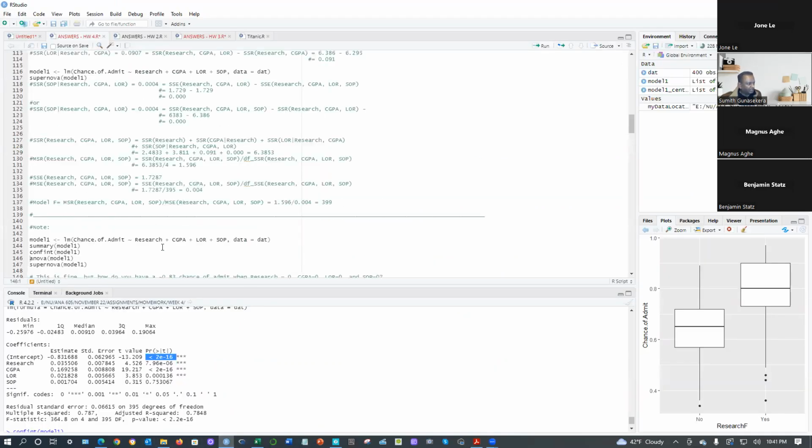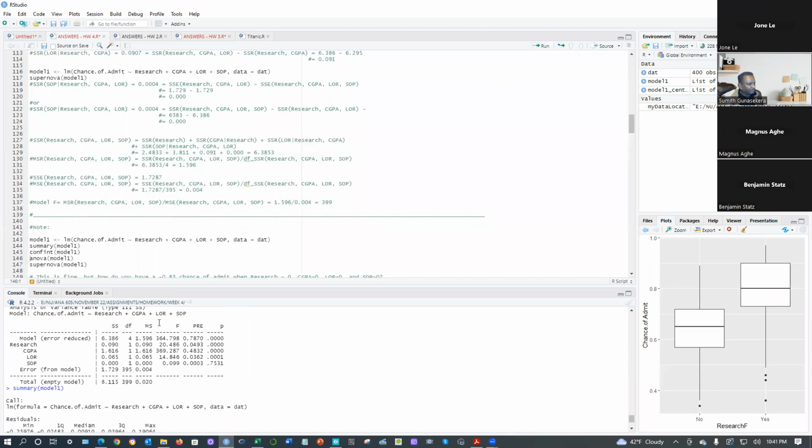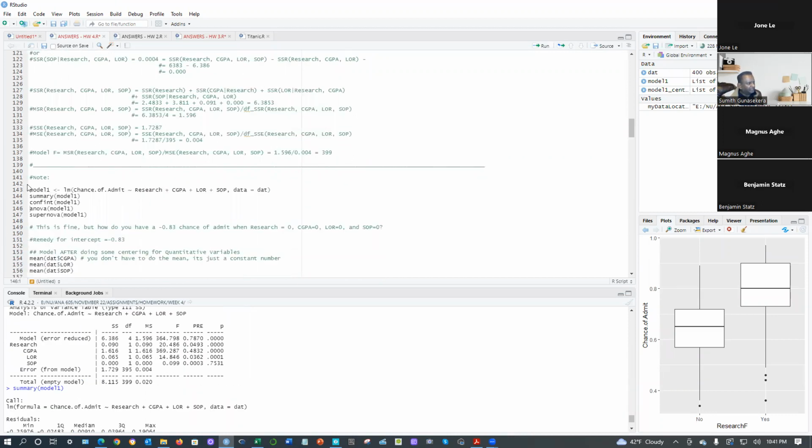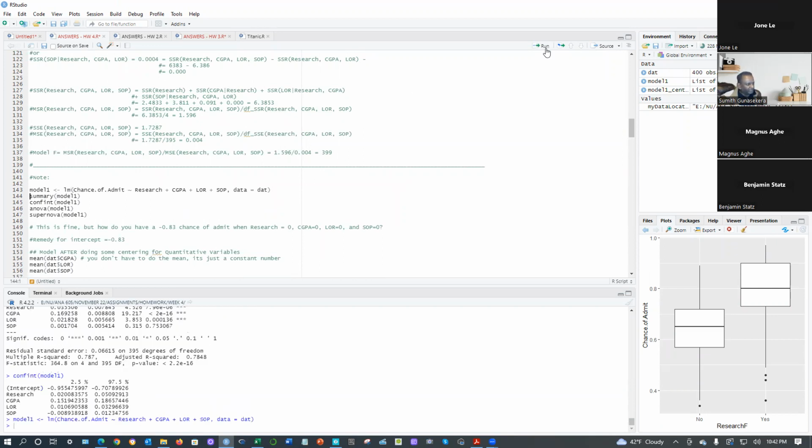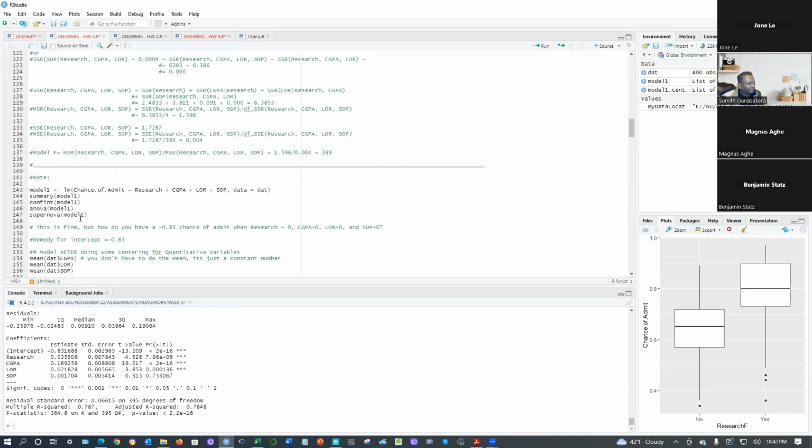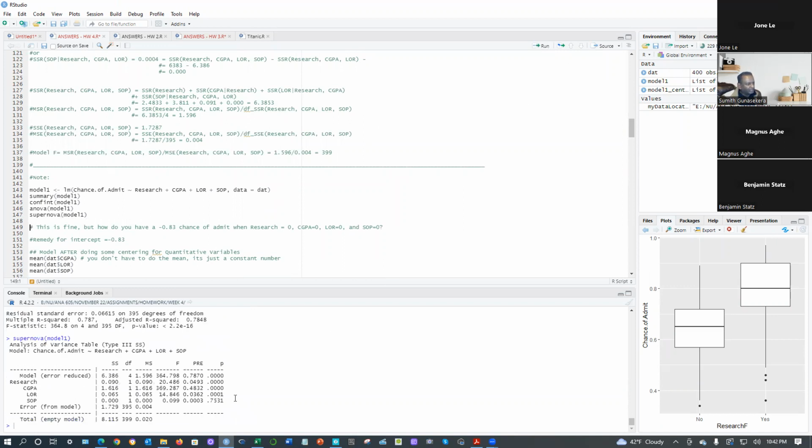Let's say this model, with centering or without centering doesn't matter, then get the ANOVA model. There are so many F values and p-values, each corresponding to something. But the major one is this one. Others you don't have to worry about. Those are sequential F and sequential p.